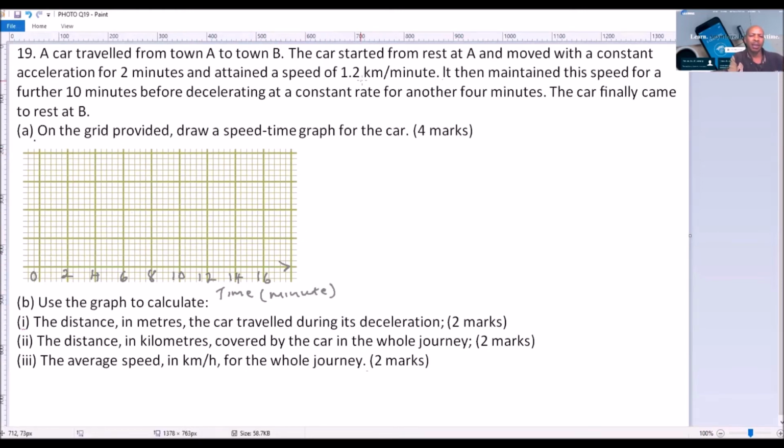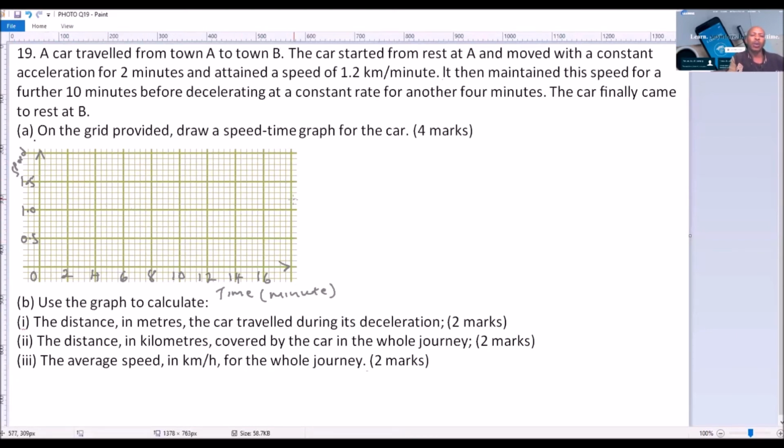That is a trick which you should note very well, because if you are used to working with kilometers per hour and meters per second, you might mess up with that part. Then it attained a maximum speed of 1.2. So if I put 0.5, 1.0, and 1.5, it will cover the maximum speed attained of 1.2. So this is speed, and our speed is in kilometers.